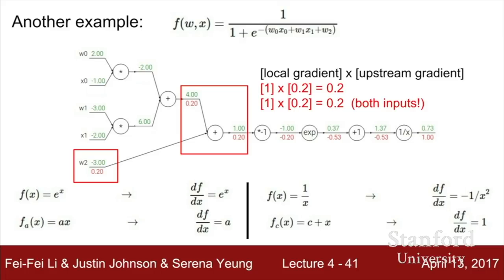For an addition node, we saw in our simple example that the gradient with respect to each of the inputs is just 1. So for our top branch, the local gradient is 1 times the upstream gradient of 0.2, which gives a total gradient of 0.2. For our bottom branch, we do the same thing: our upstream gradient is 0.2, our local gradient is 1 again, and the total gradient is 0.2. So is everything clear about this?